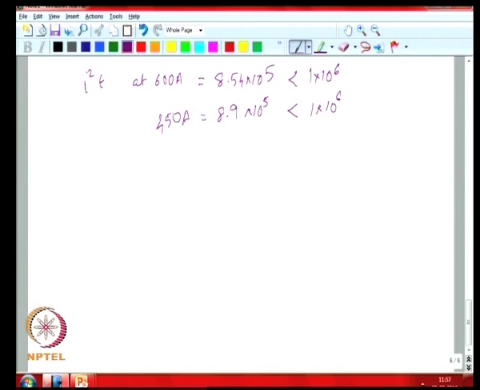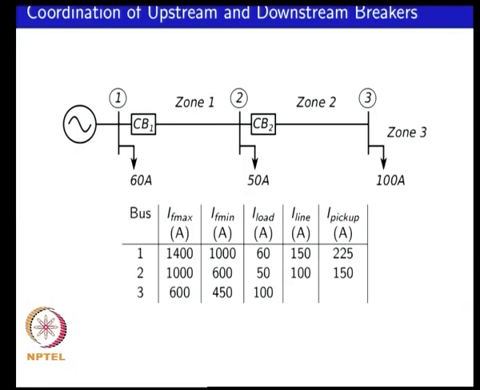However, in many situations it may not be possible to obtain all the possible conditions. You might have situations where, if you look at the example that we have been looking at, the fault current levels are not overlapping. If you have overlapping ranges of fault current levels, you may not be able to achieve all the conditions of your coordination requirement. Also, you might have situations where your upstream source might have impedances that are varying over a wide range.